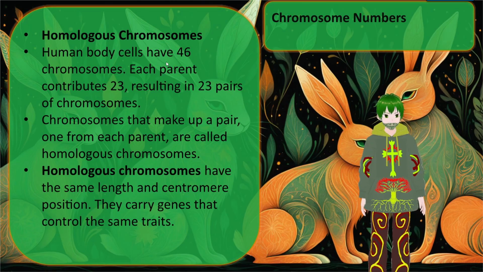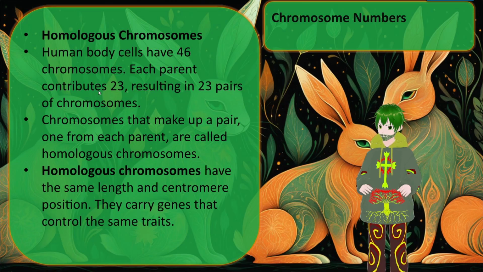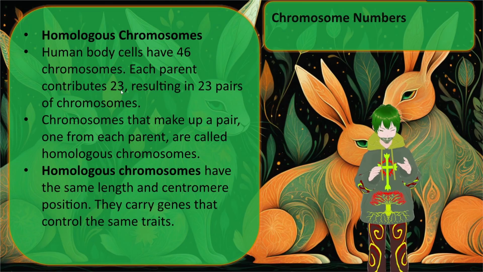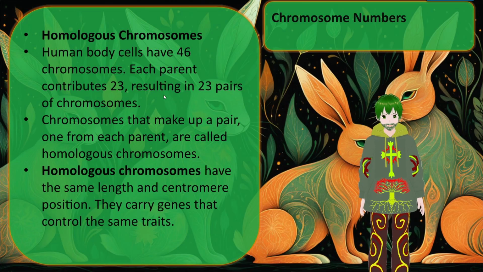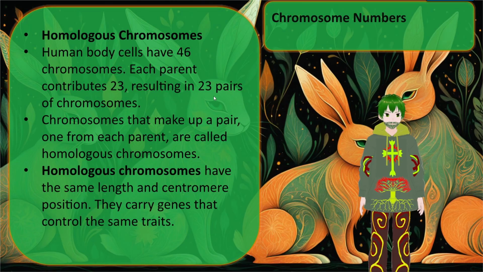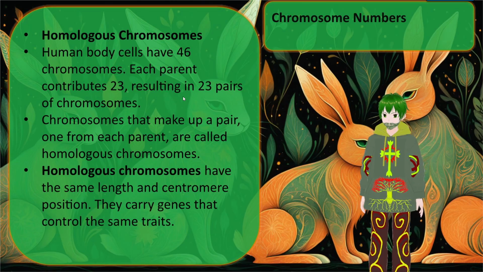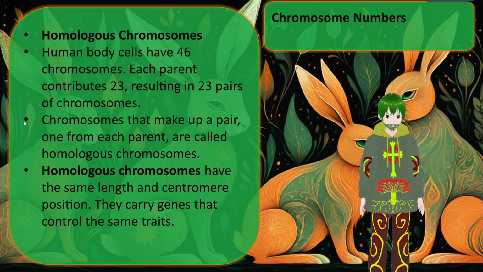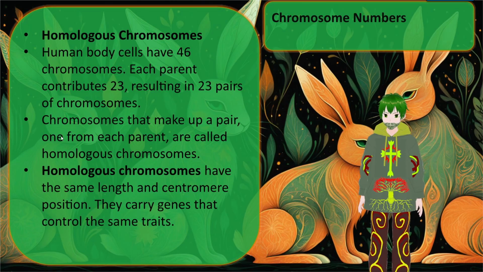And these 23 pairs of chromosomes make up the complete genetic instructions for who you are. And you get half of your chromosomes from your father, and half of your chromosomes from your mother during what's known as fertilization. Okay, and that's the process of sexual reproduction.